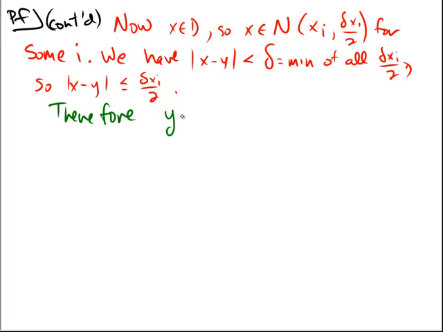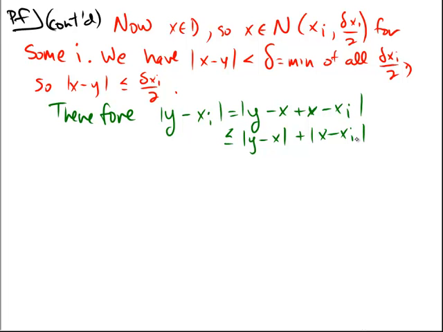|y minus xi| is equal to |y minus x plus x minus xi|, which is less than or equal to |y minus x| plus |x minus xi|. There's our triangle inequality. This is less than delta xi over 2 because that's from the minimum delta, right here.